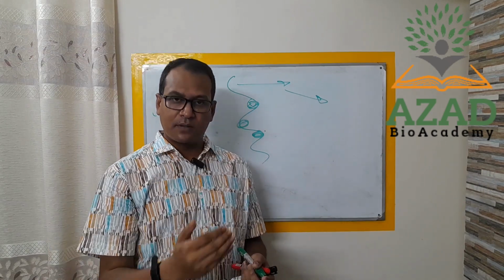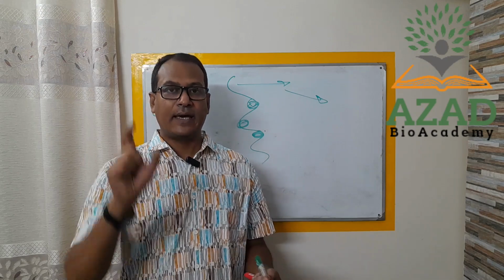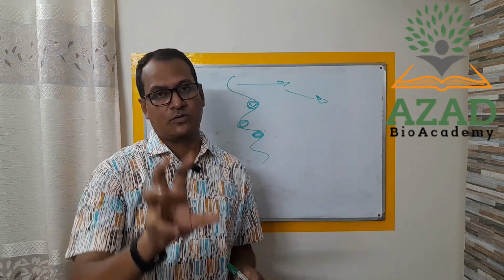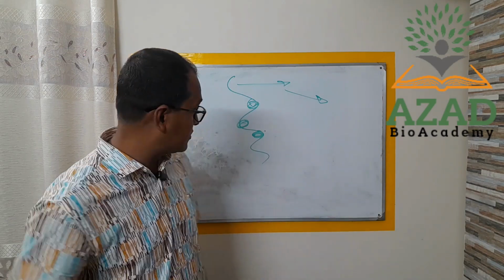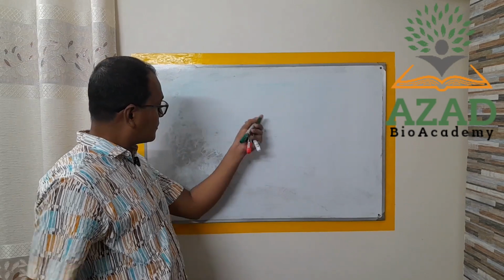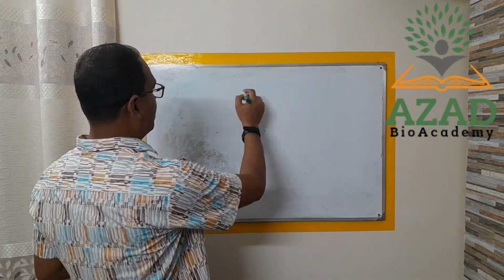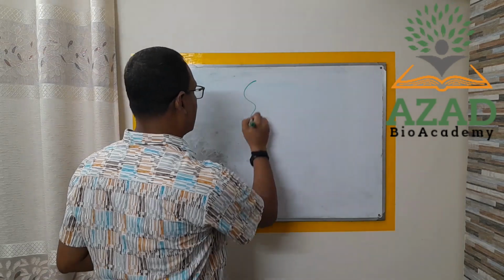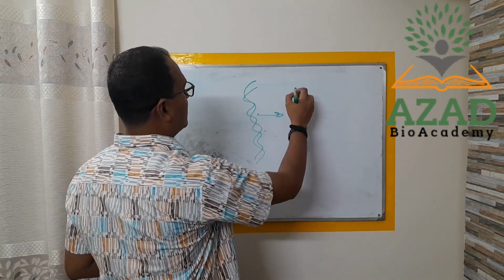Gradually it will become visible and more condensed, and then finally it will form an X-like structure chromosome. So how will it form? Let's go into the details. So this is a DNA, and it will be copied.